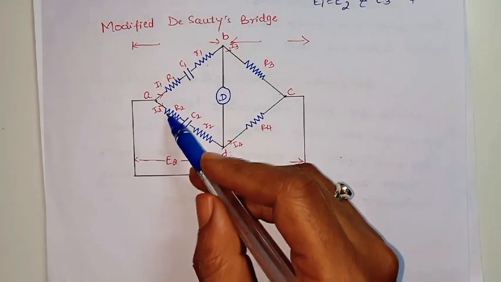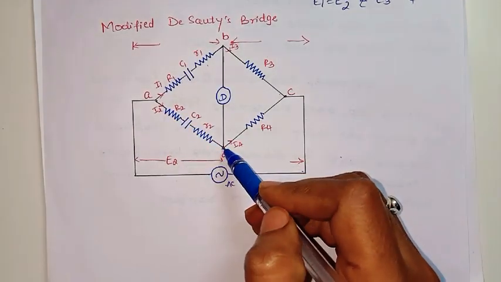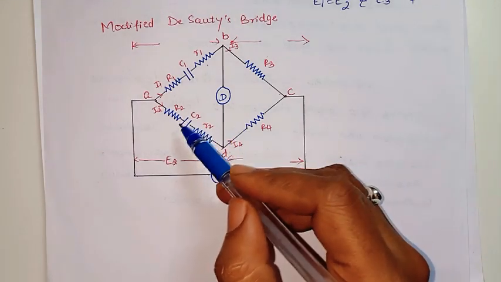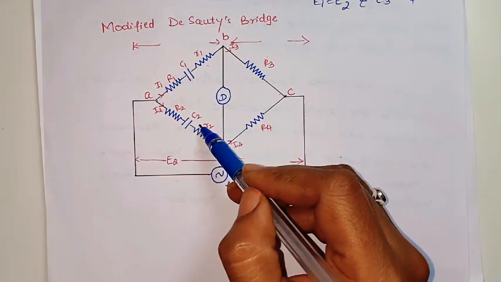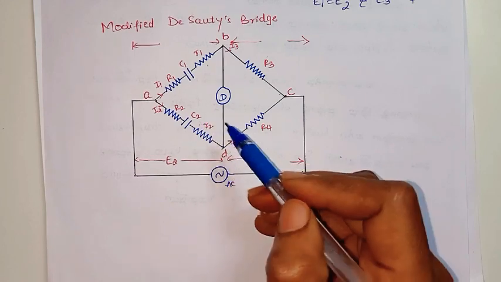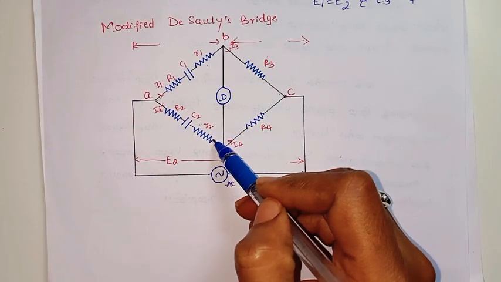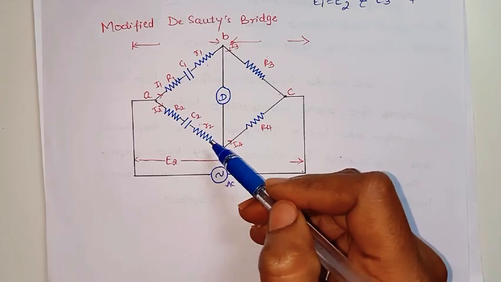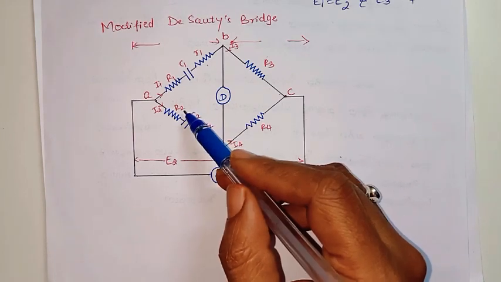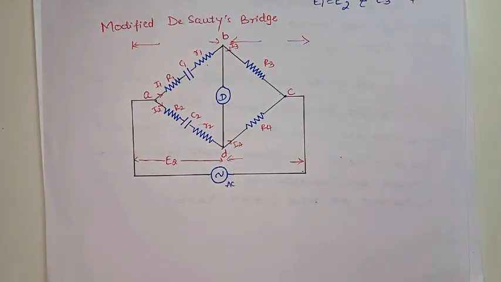And in the arm AD, the standard capacitor C2 is connected in series with the resistance r2, which represents the loss component, and the resistor R2.